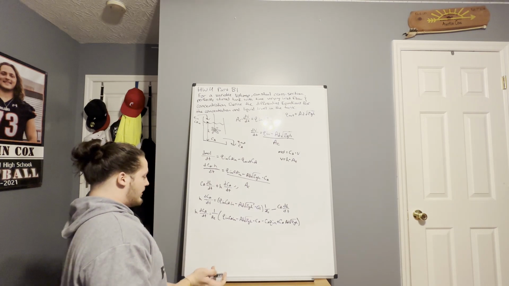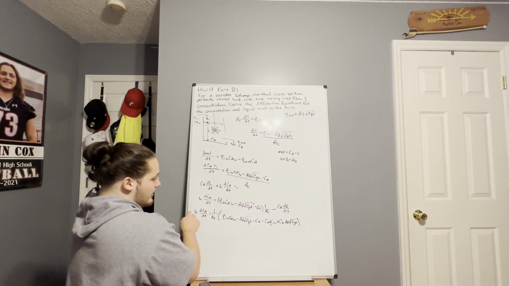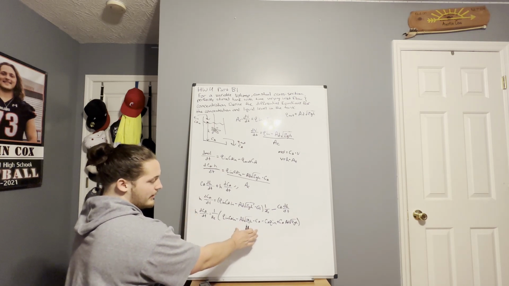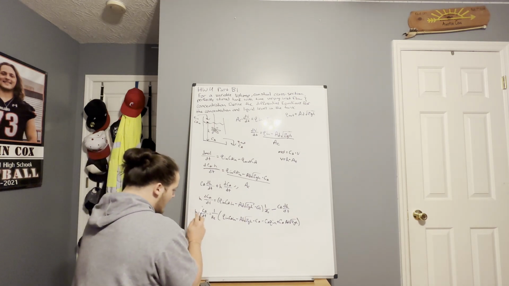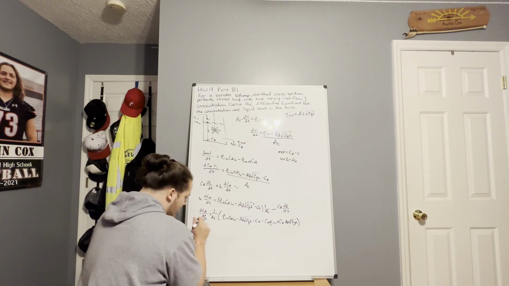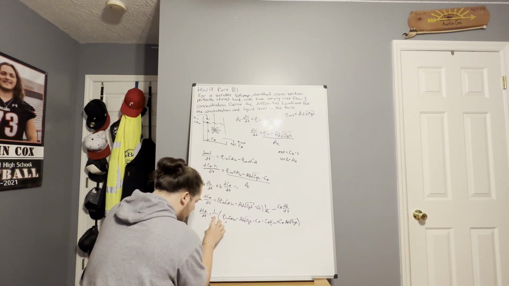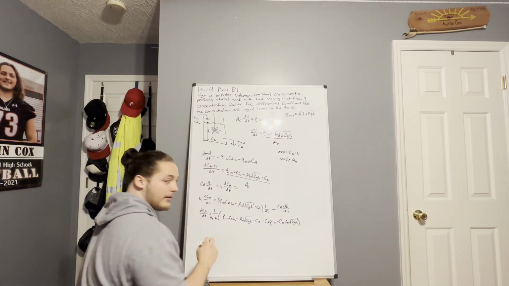So the next step that we're going to want to do is divide by height on our right side to cancel it out. So doing that, we can just write our cross-sectional area times the height.